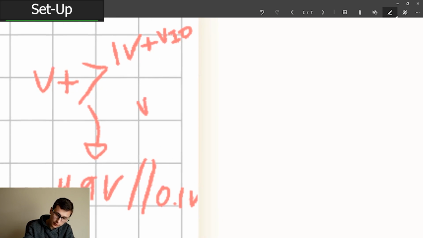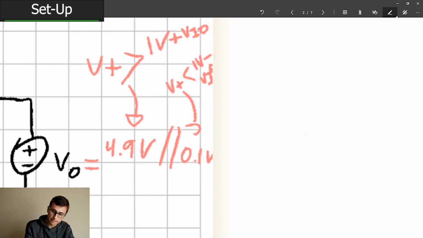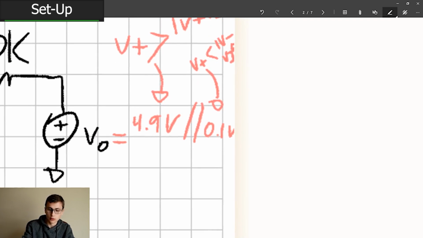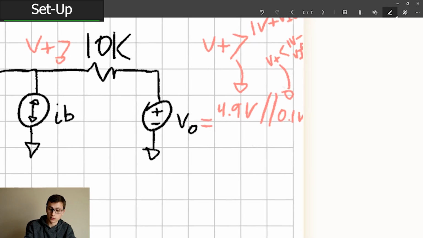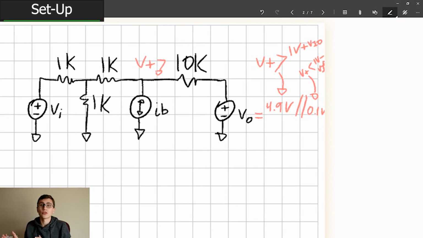And we need V plus to be less than 1 volt minus VIO. So basically we need this to be greater than 1 volt plus the input offset or less than 1 volt minus the input offset for this to change state. Okay, so it looks like we're going to need to solve this equation 2 ways, right? We're going to need to find the rising and the falling edge.